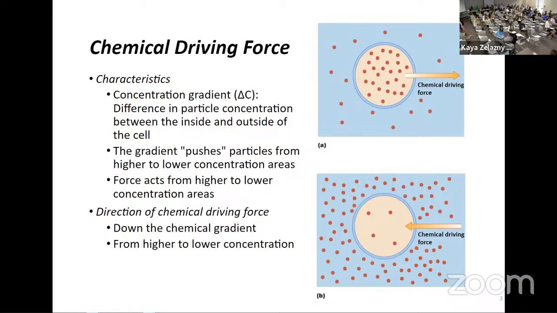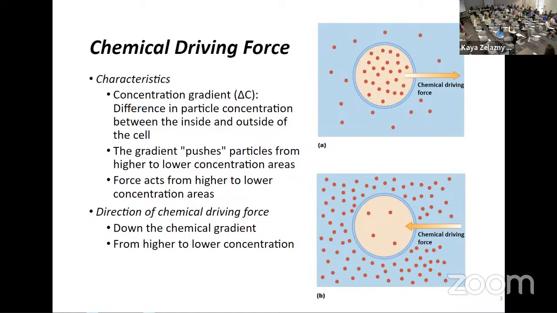Hopefully this part you've thought about before in previous courses. An addendum I will mention for our chemical driving force: you will have a chemical driving force for whatever molecule we're thinking about. So it will be true of ions like sodium. It'll also be true of things like glucose, things like oxygen. We'll have a chemical driving force for each of those things.